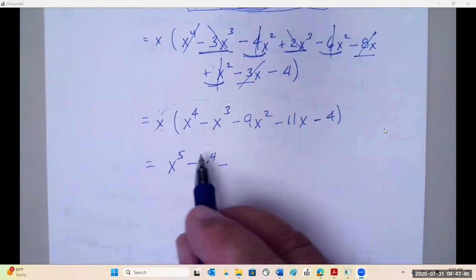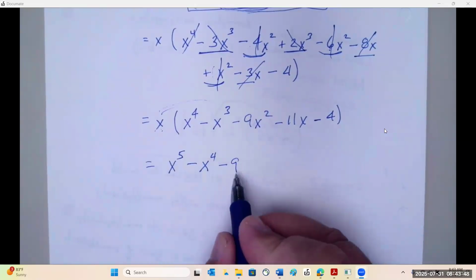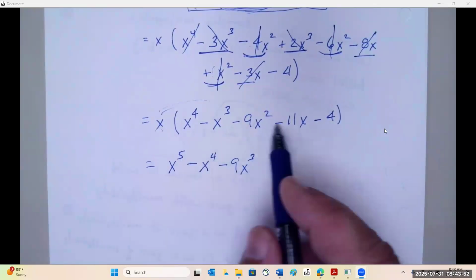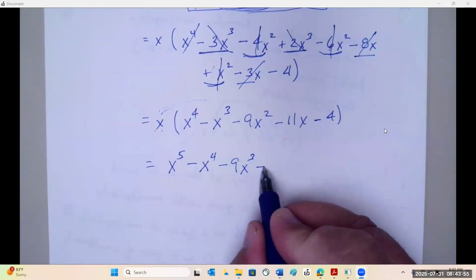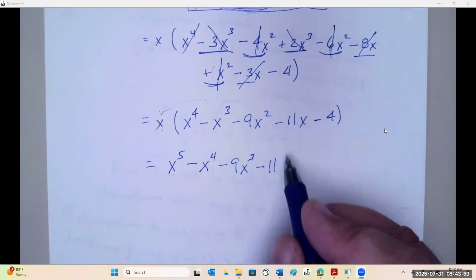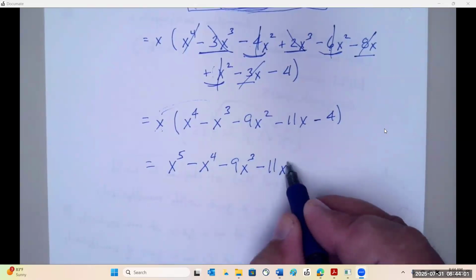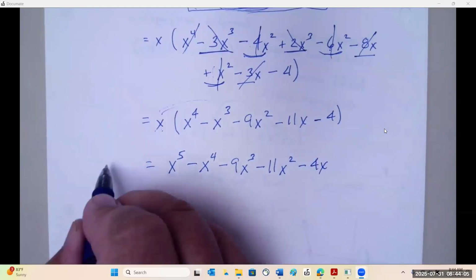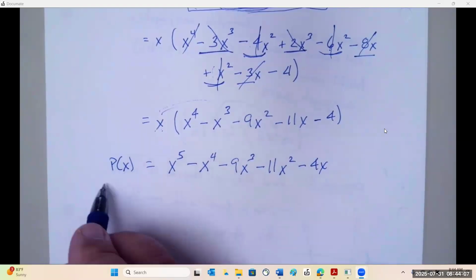Positive times negative is negative. 9 times 1 is 9. X squared times x is x cubed. Pretty much all you're doing is adding 1 to all the x's. Negative times positive is negative. 1 times 11 is 11. X times x is x squared. And then the last one is 4x. So that's my polynomial equation.